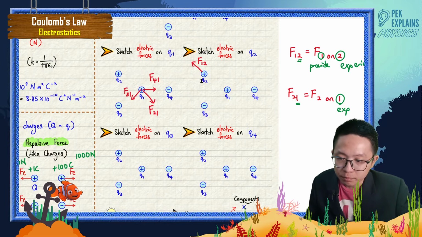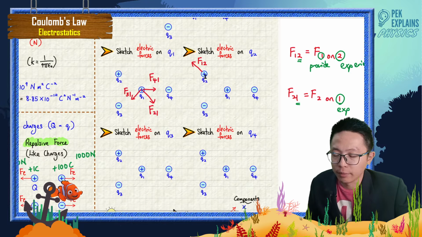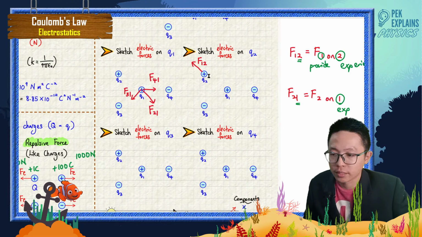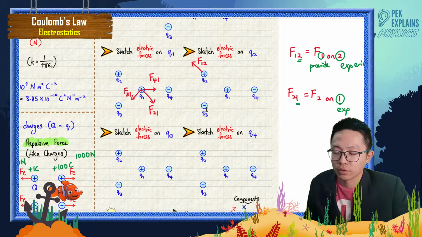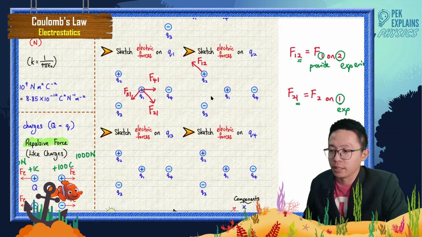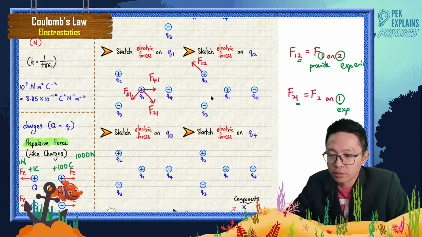Now, let's talk about between 2 and 3. Just now Q1 already, now Q3. Between 2 and 3, opposite charge, opposite sign, unlike charge, so they attract each other.